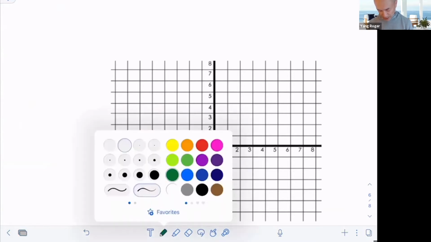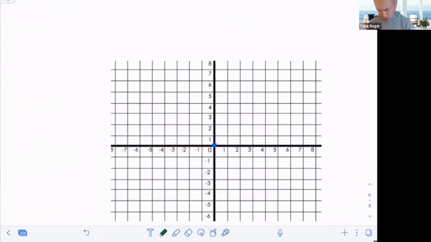So maybe I'll do my vertical asymptotes in green. Normally I do it dotted, but I want you to be able to see it. Well, there's the one at 1, and here's the one at negative 1. Two vertical asymptotes.